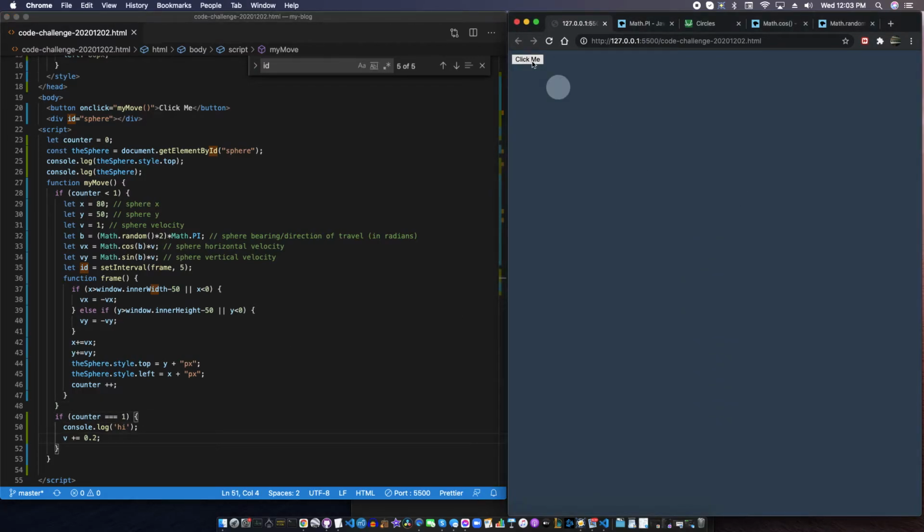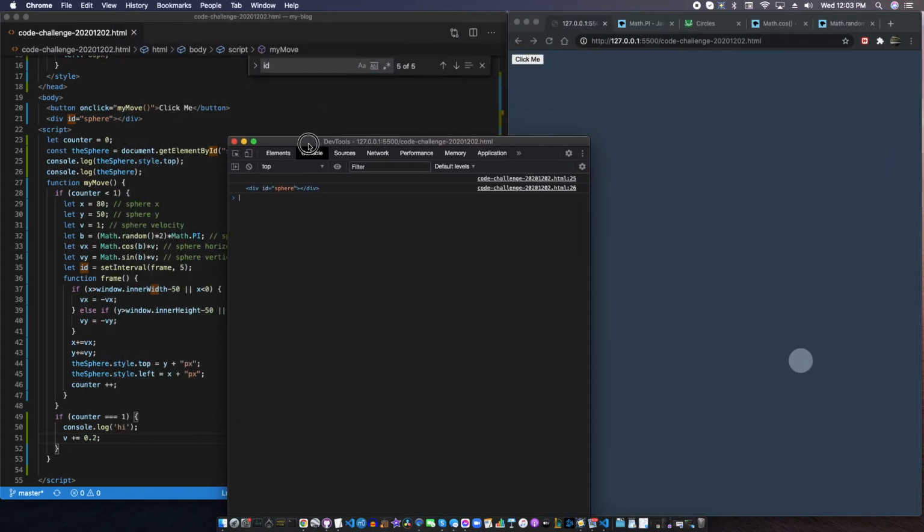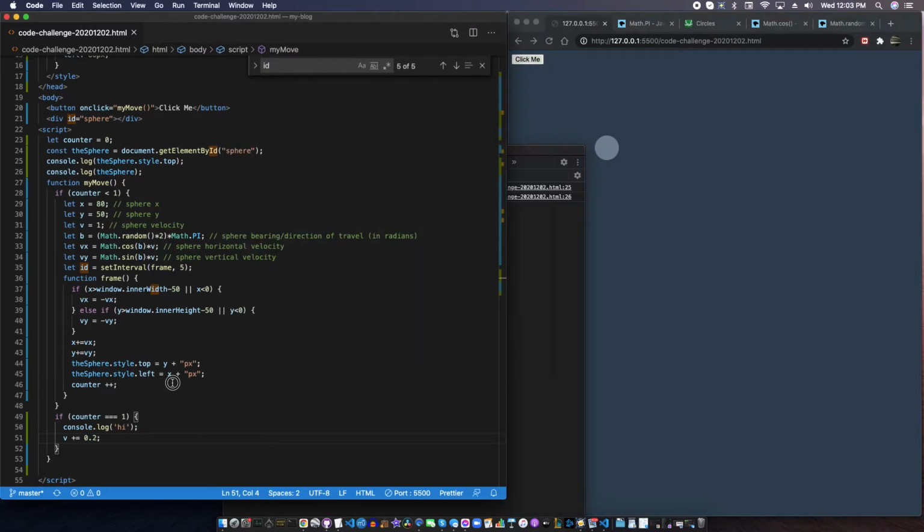This should be good. Oh man, counter. If counter is less than 1, which it is, then do all this stuff. Everything here.